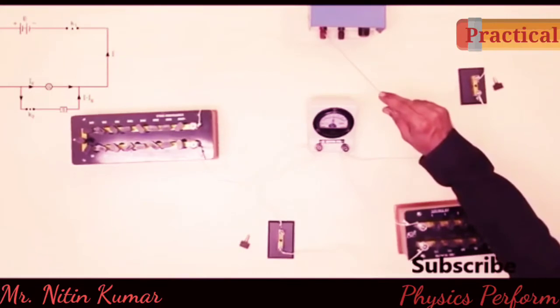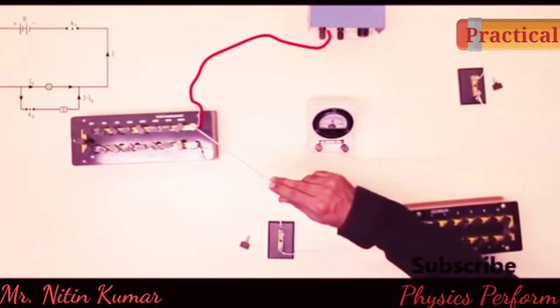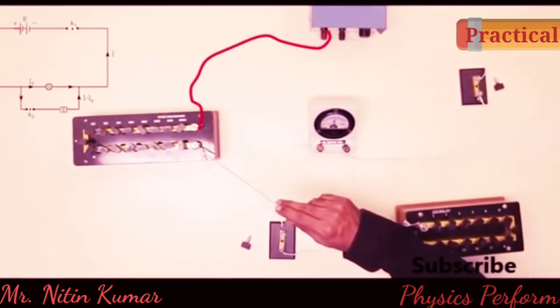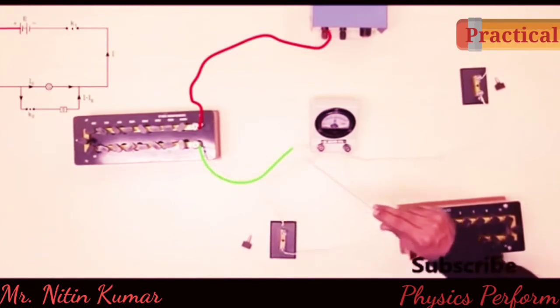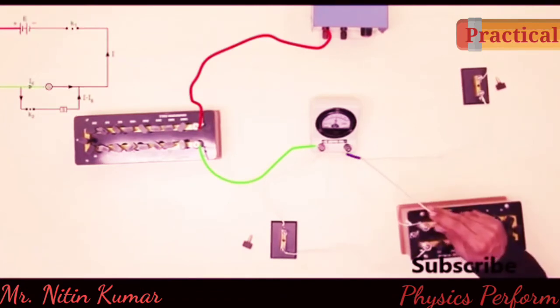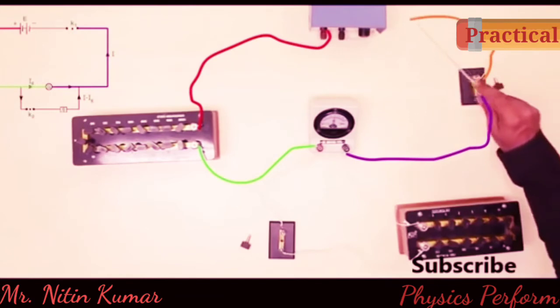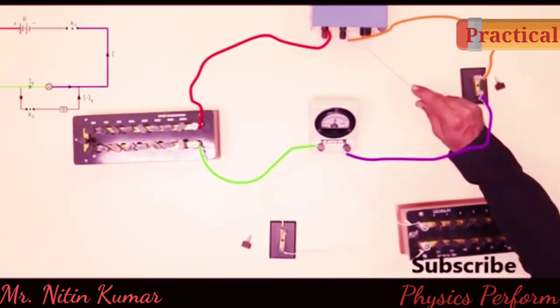Here, the positive terminal of the power supply is connected to one end of the resistance box. The other end of the resistance box is connected to one end of the galvanometer, and the other end of the galvanometer is connected to one end of the plug key, and the other end of the plug key is connected to the negative terminal of the power supply.